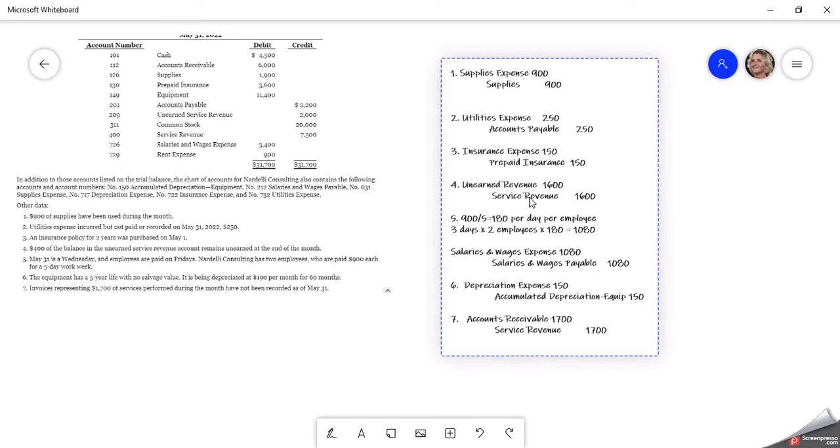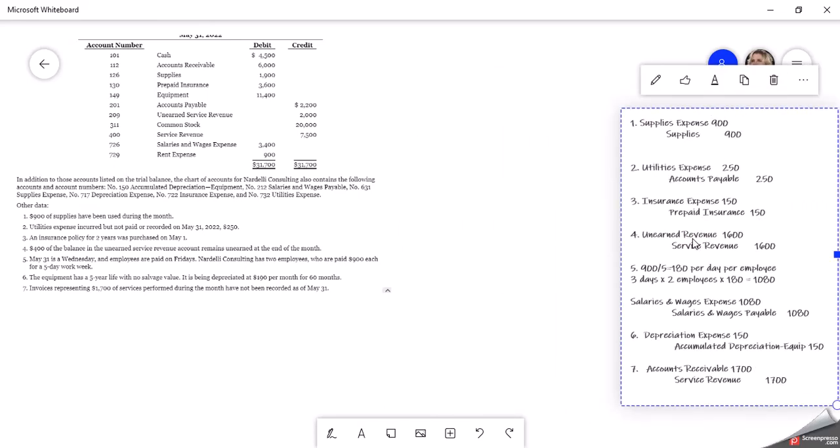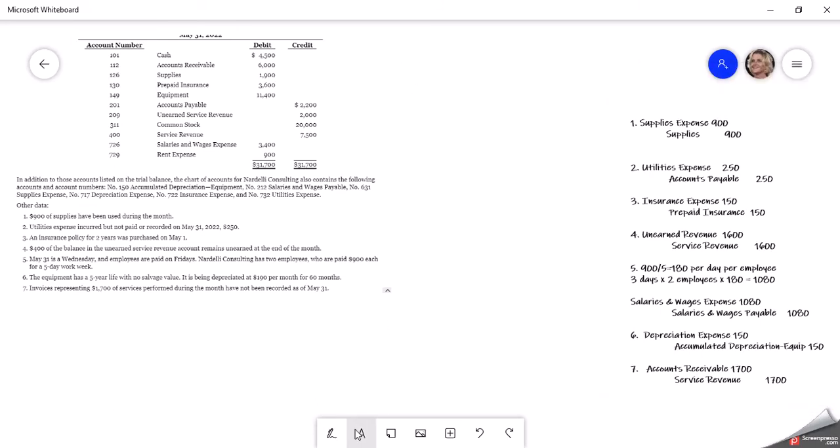Now I'm going to see if I can move them over here, because then the next thing that it wants us to do is to make our adjusted trial balance. So our adjusted trial balance, I'm not going to want it this big.